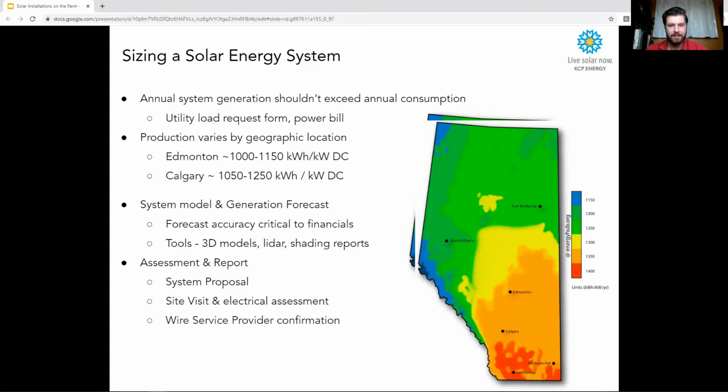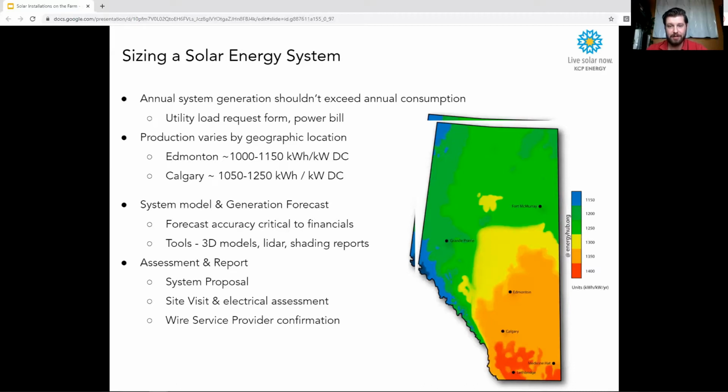One way of getting all of the information you need to see if a solar energy system is going to make sense for your farm is of course the system proposal. You can get these from an installation company, and the typical process would be to find an installer. They're going to provide you a preliminary assessment that's going to show the estimated production, the system cost, and the general economics associated to the system as well.